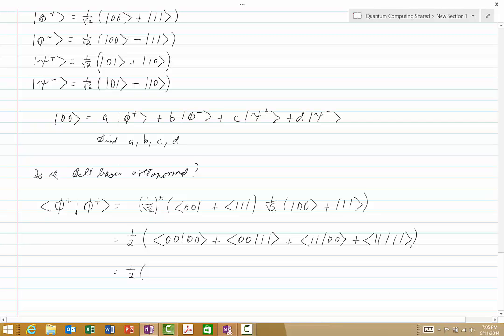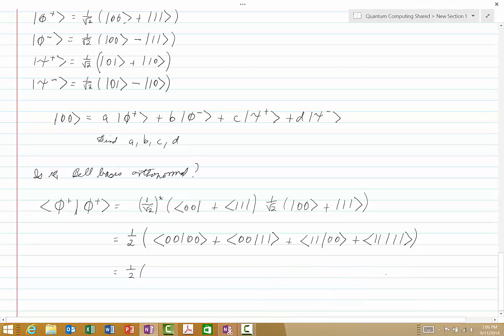Because each of these is the inner product of 2 qubits with 2 qubits rather than 1 qubit with 1 qubit. And so what do we do here? Well, if it helps, you can write it out like this to help you keep things straight. This first one is 0 tensor product 0. Well, actually, let's maybe do this in the following way.